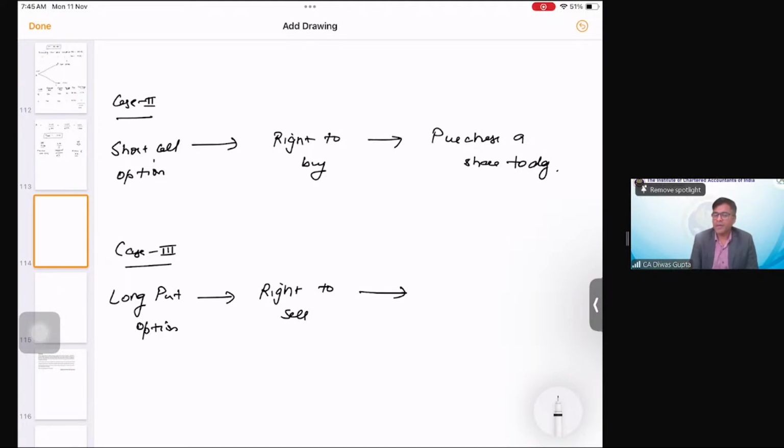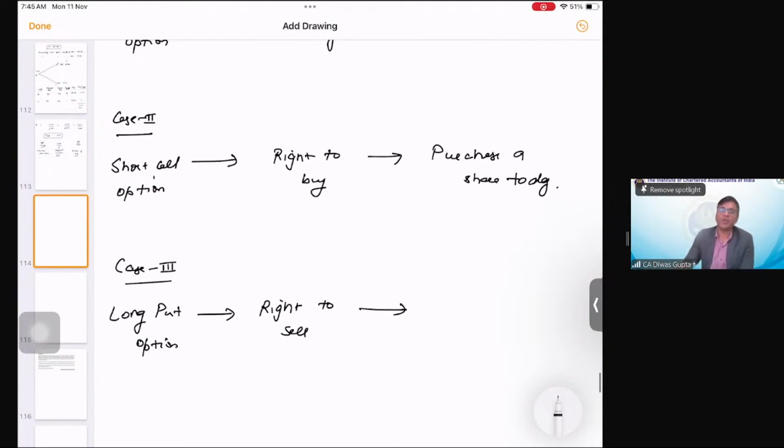So if I have purchased a right to sell, what should I do today, so that tomorrow, if I want to exercise the right to sell, I can execute that? Purchase today. Yes, I have to purchase a share today.